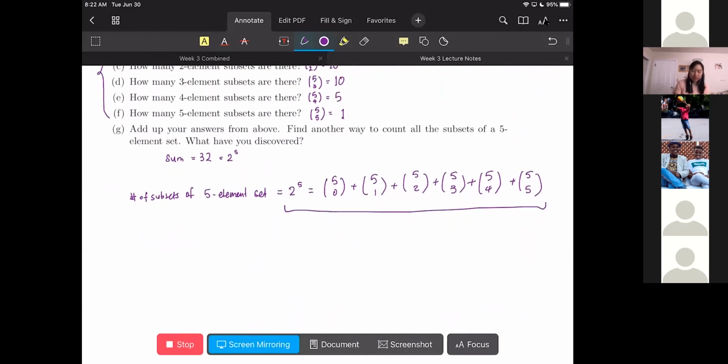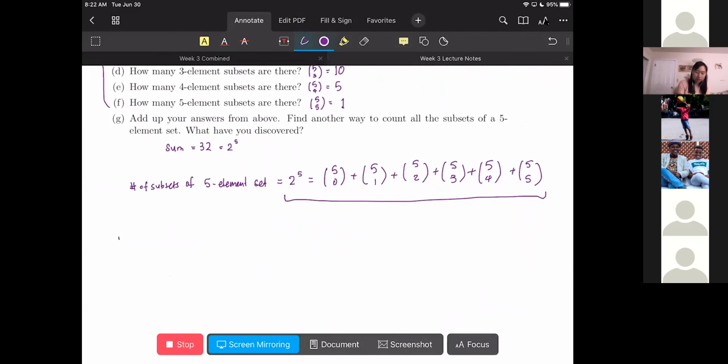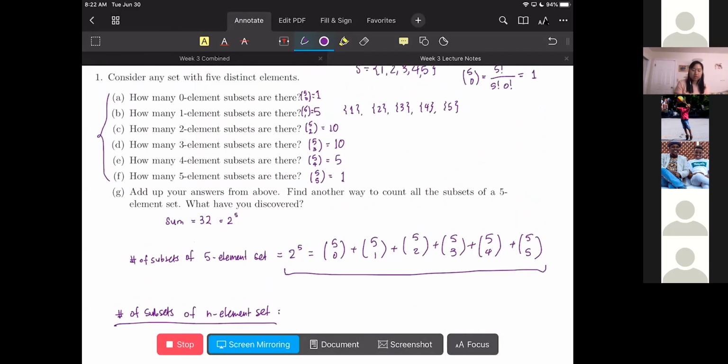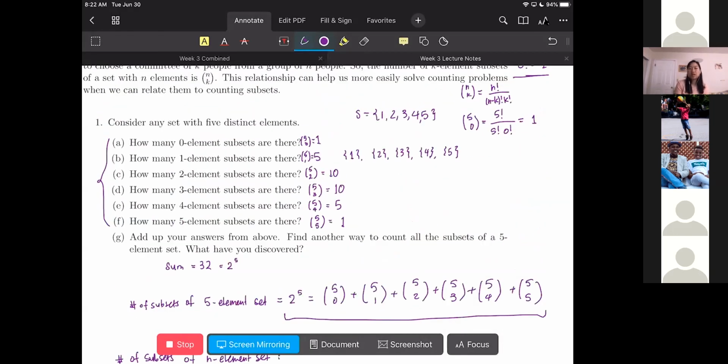So let's say we want to count the number of subsets of an n element set. We can basically think about counting it 2 different ways. The first way is what we did above, which is we count how many 0 element subsets, how many 1 element subsets, how many 2 element subsets, all the way to n, and we sum those up.